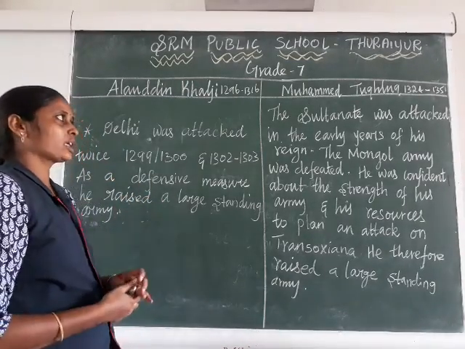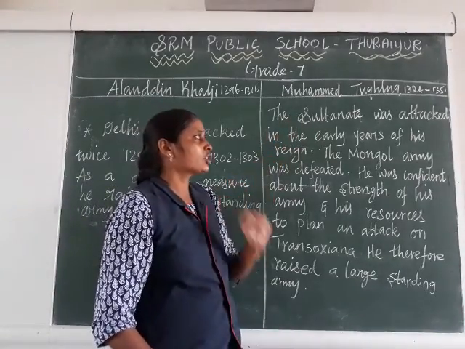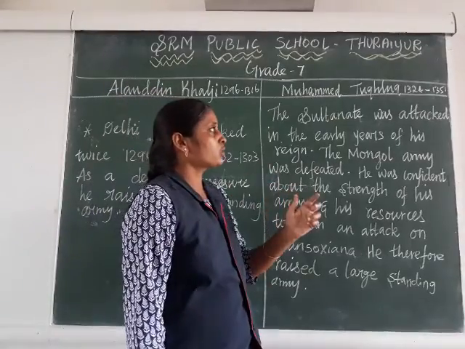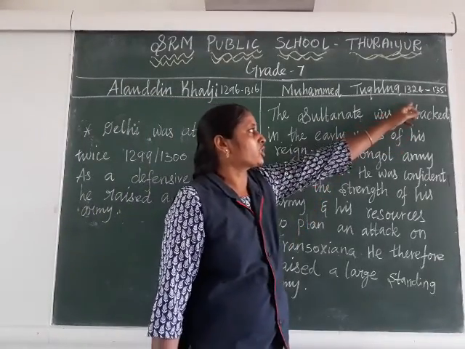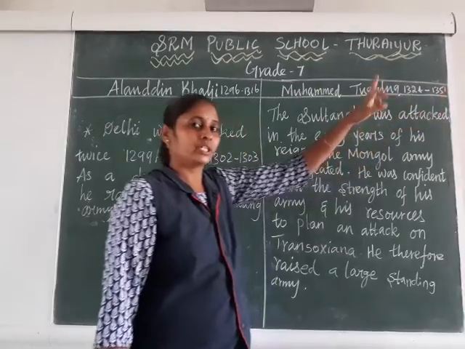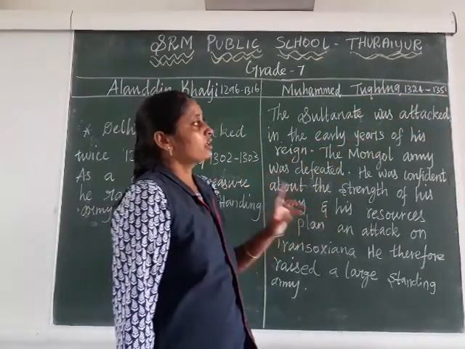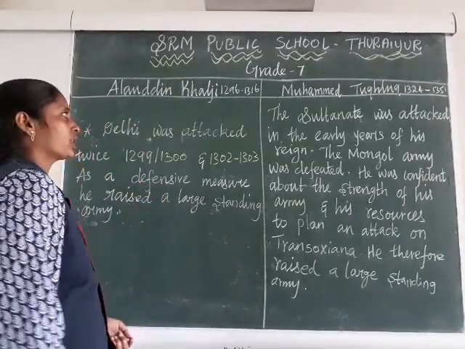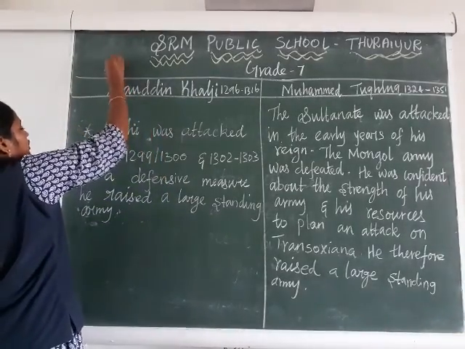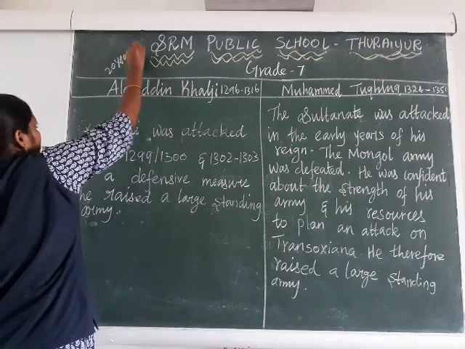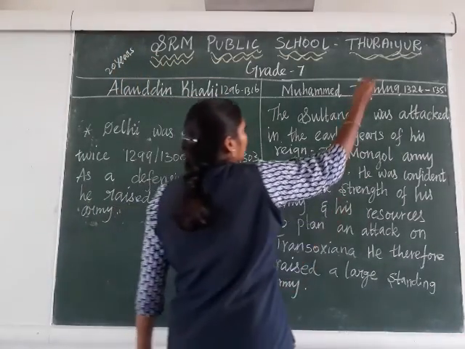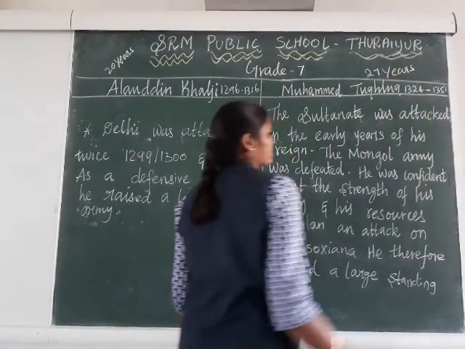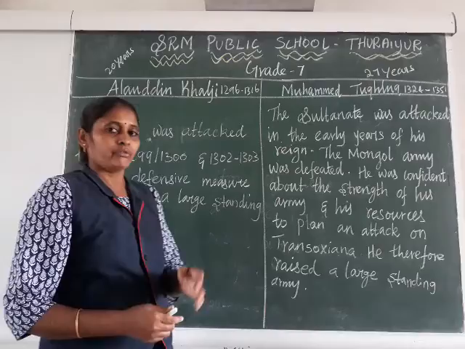Muhammad bin Tughlaq, shortly we call Tughlaq, ruled from 1324 to 1351, around 27 years. So Alauddin Khilji ruled 20 years, and Muhammad bin Tughlaq ruled around 27 years. Both rulers were very good warriors.